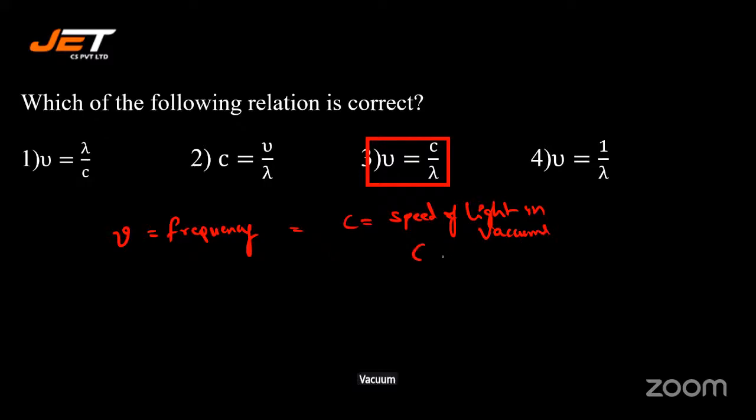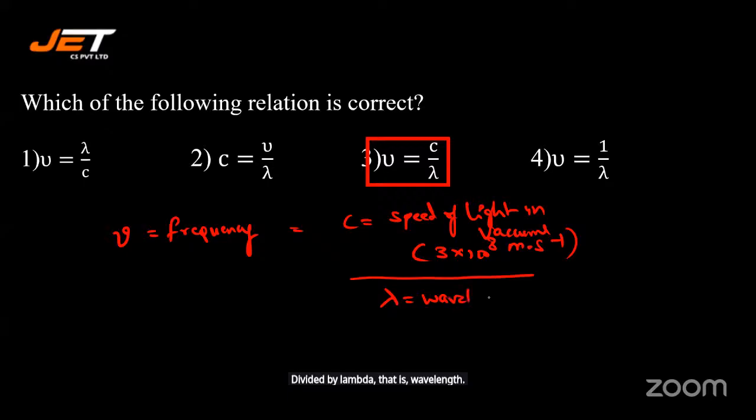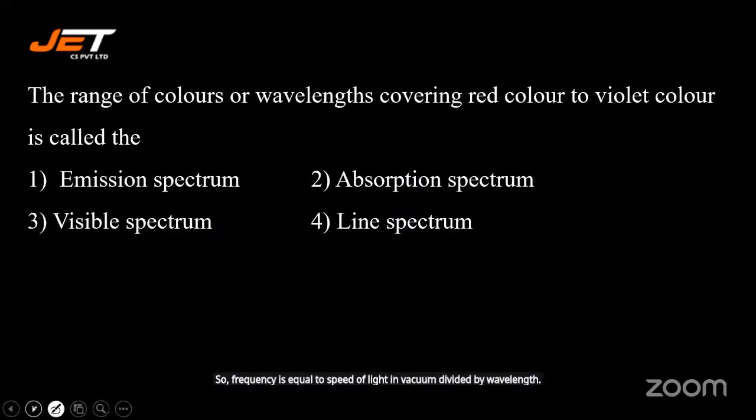That is what we have seen just now, 3 into 10 to the power of 8 meter per second. So this is the speed of light in vacuum divided by lambda, that is wavelength. So this is the right expression. Frequency is equal to speed of light in vacuum divided by wavelength, that is lambda.